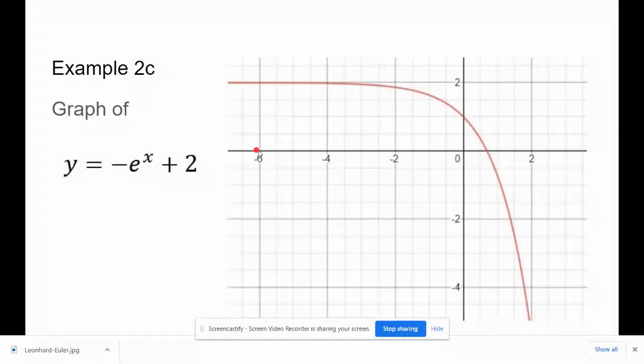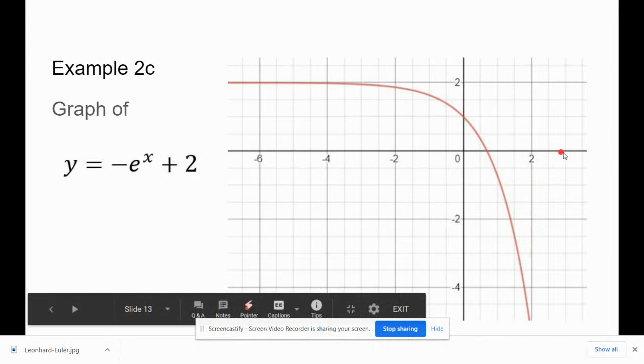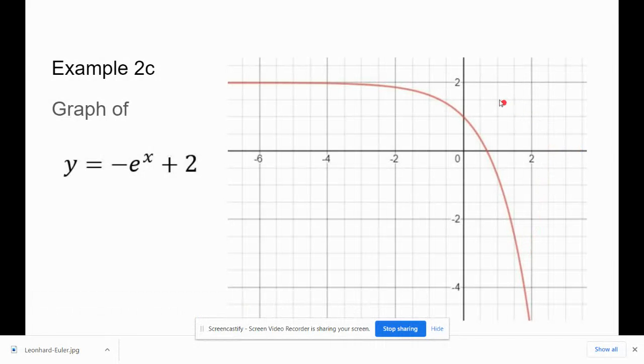Notice my domain on this graph is still all real numbers as I move across the x-axis. I can still see points on that red graph all the way across. There's always points either to the right or to the left as I move across. But now notice my range has changed.